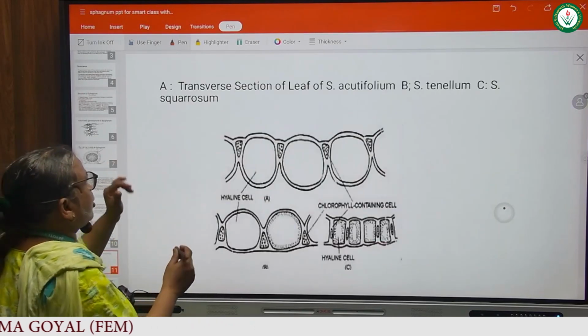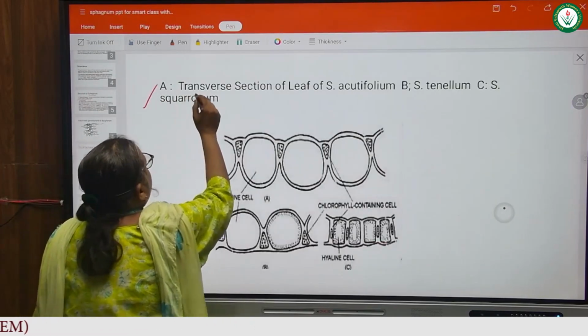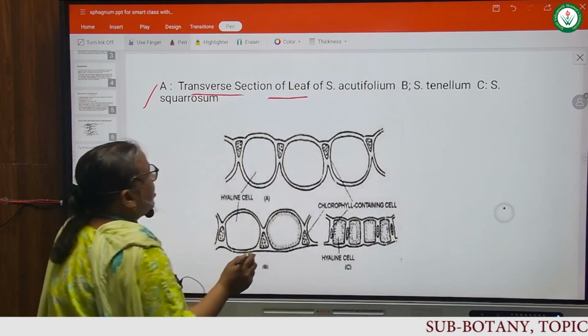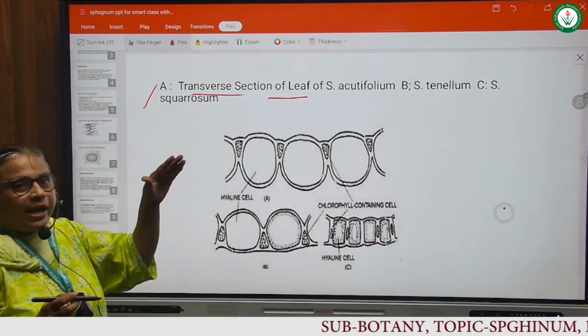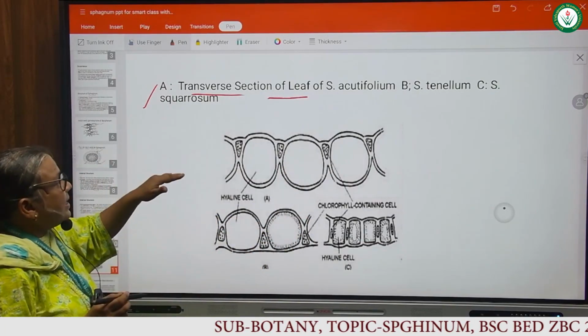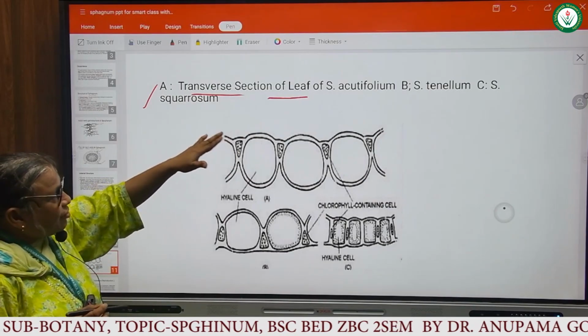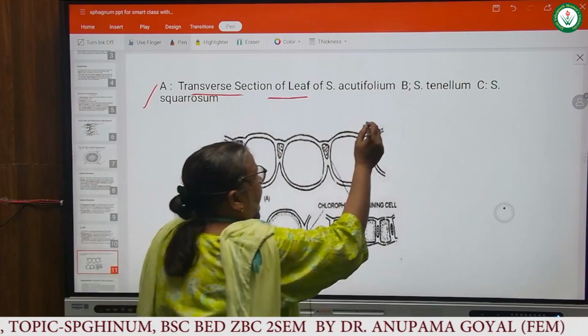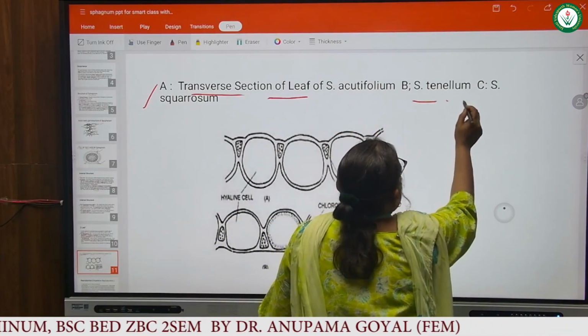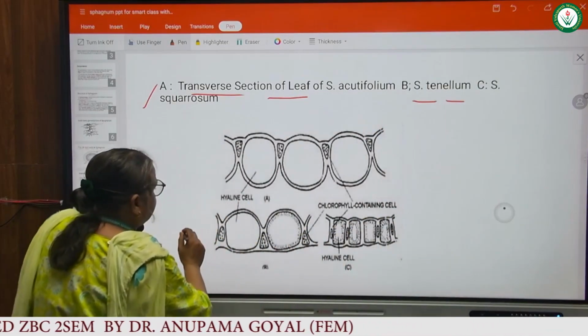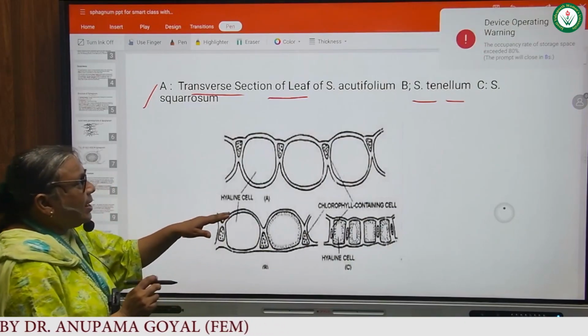So this section shows the transverse section of the leaf of Sphagnum acutifolium. Section A shows Sphagnum acutifolium. B part shows Sphagnum tenellum. So this is the leaf of Sphagnum tenellum.